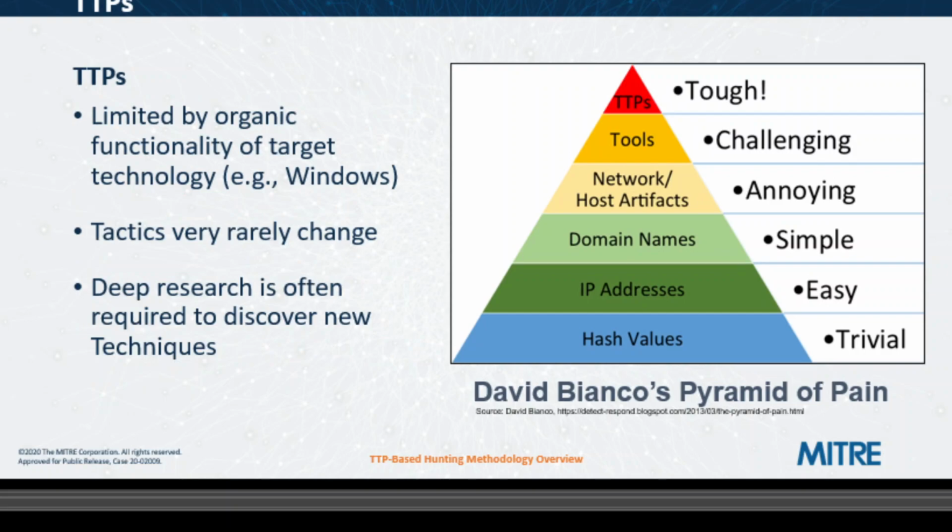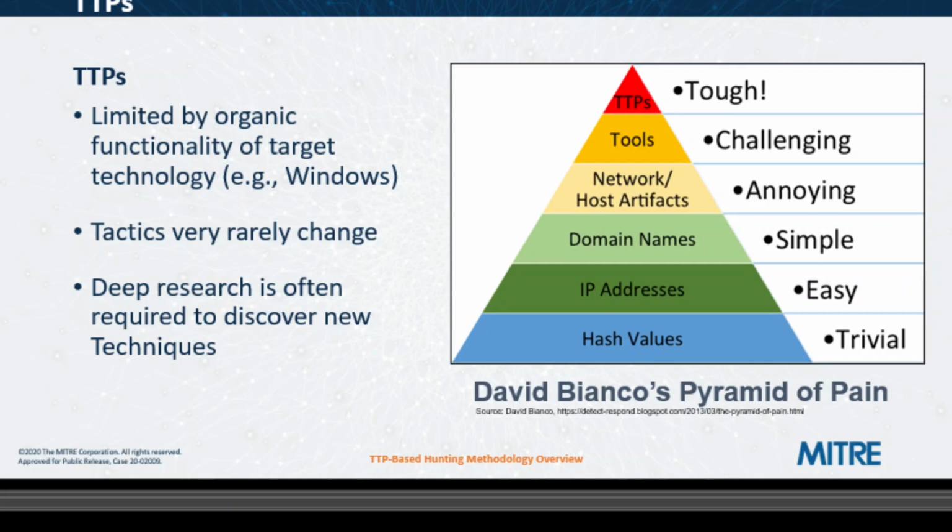At the top of the pyramid of pain is the level of tactics, techniques, and procedures. These, as we had discussed before, are going to be limited. They're constraining to the adversary because they're limited by the functionality of the target technology.